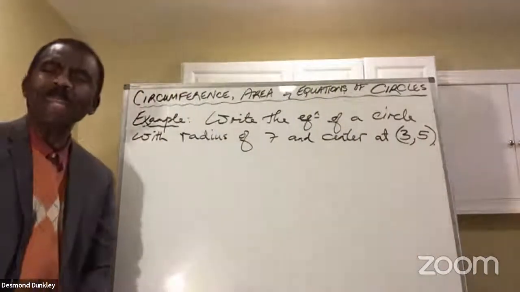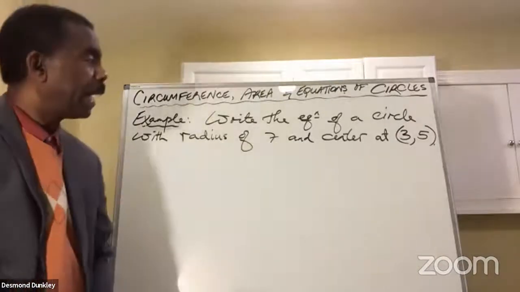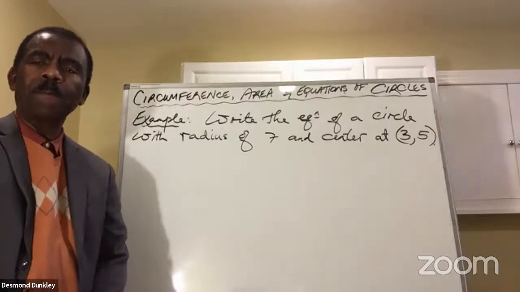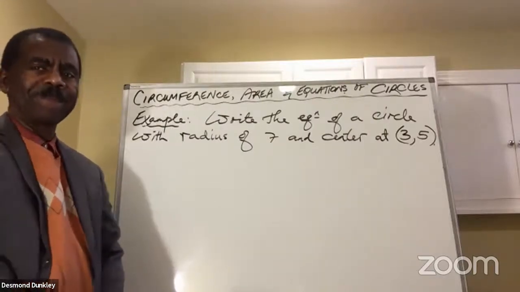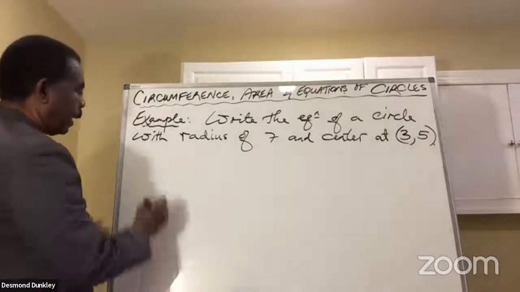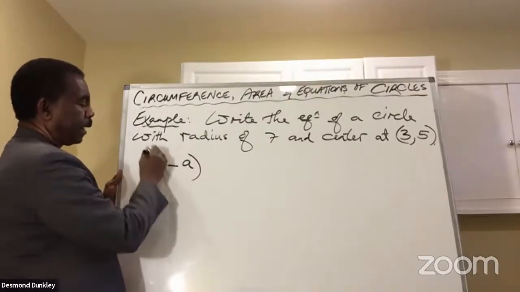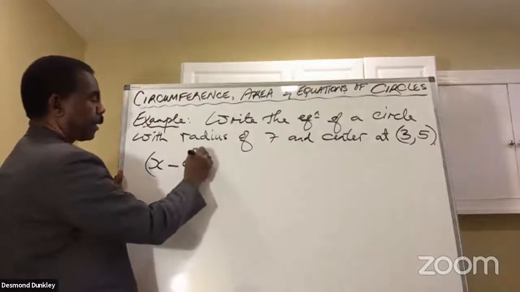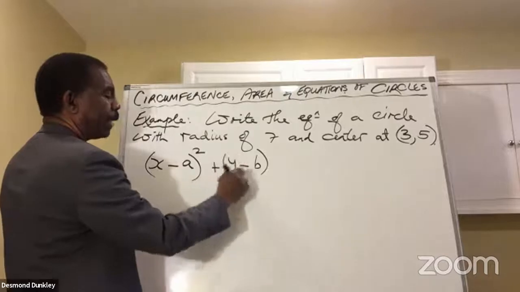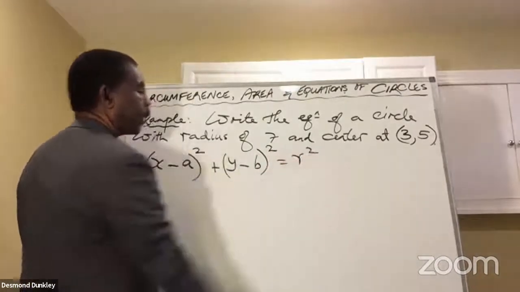Okay, write the equation of a circle with radius of 7 and center at the point 3, 5. Okay, so what is the formula? The formula says x minus the x value at the center squared plus y minus the y value at the center squared is equal to r squared.